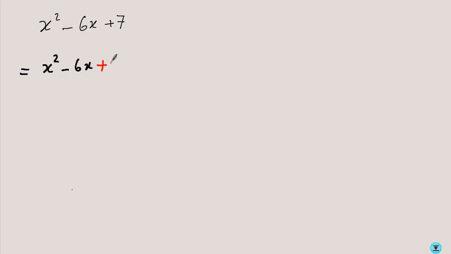So we add a 9. However, we cannot just add a 9 to an expression because that will change it. So in order to undo what we have just done, we subtract it. And here's our 7.